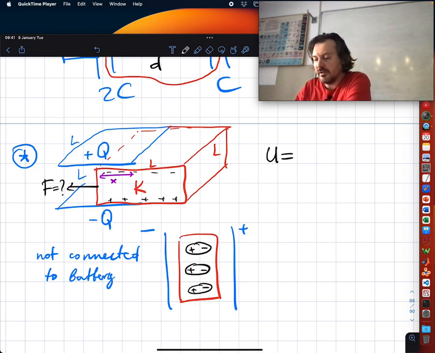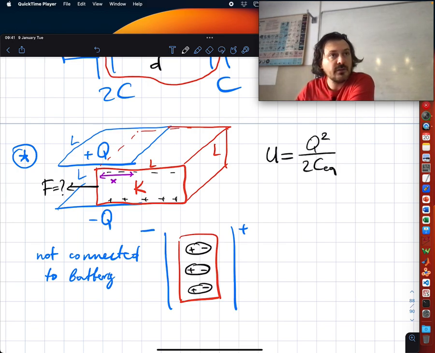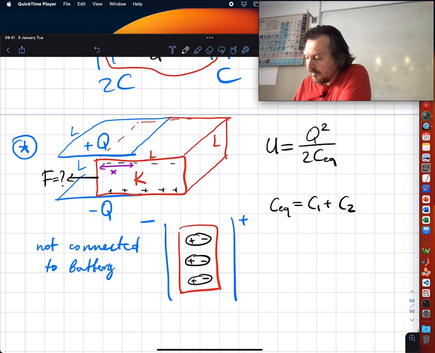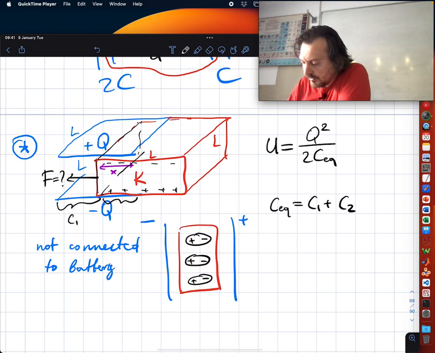What is the energy of this system? Q squared over 2C equivalent, right? Does everyone agree? So how do you find C equivalent? We treat them as parallel capacitors. Very good. So C equivalent will be C1 plus C2, right? You have C1 on this side, let's say, and C2 on this side.